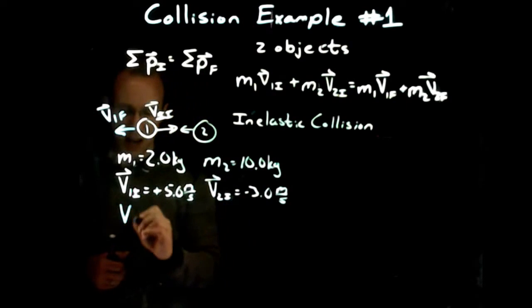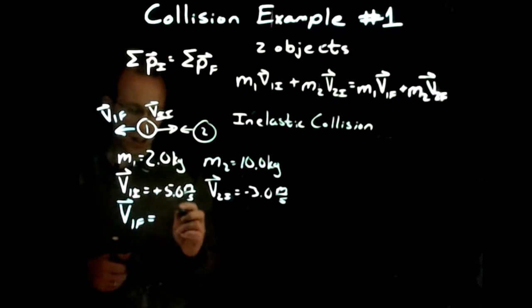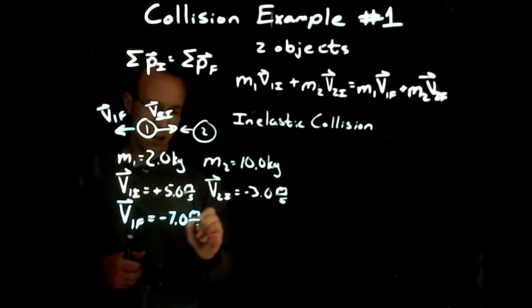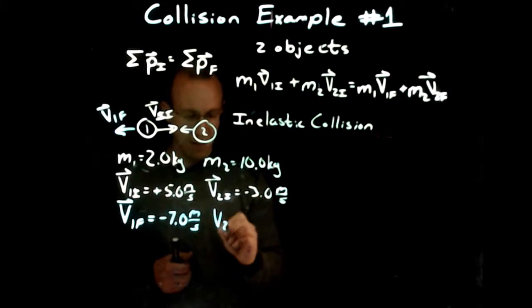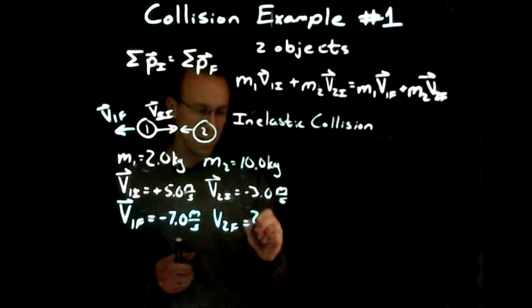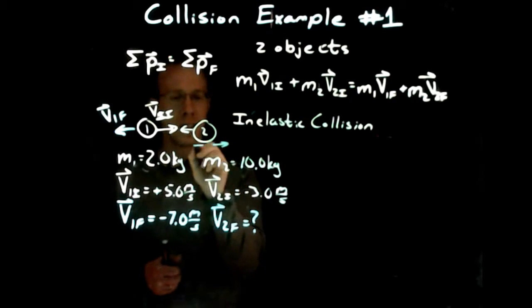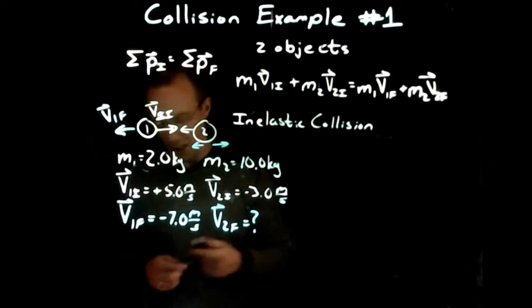Let's say it bounces back with a final velocity of negative 7.0 meters per second. So ultimately, what are we trying to find? The final velocity of the second ball. The final velocity could be this way, it could be this way, and we're going to rely on our sign to actually give us that answer.